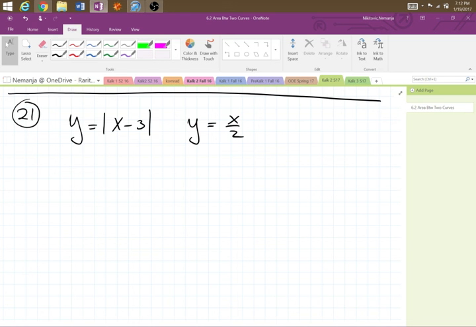That's the one you use. So x over 2 plus x.